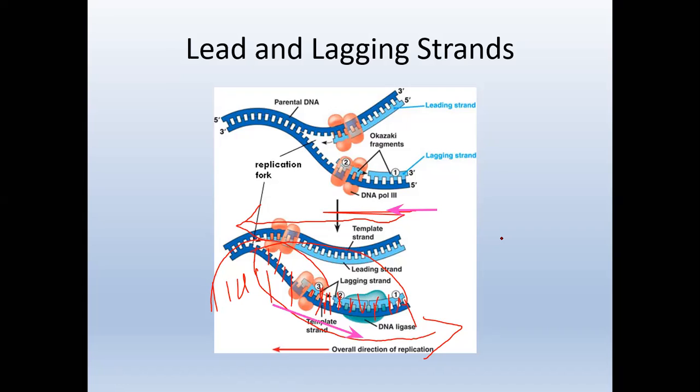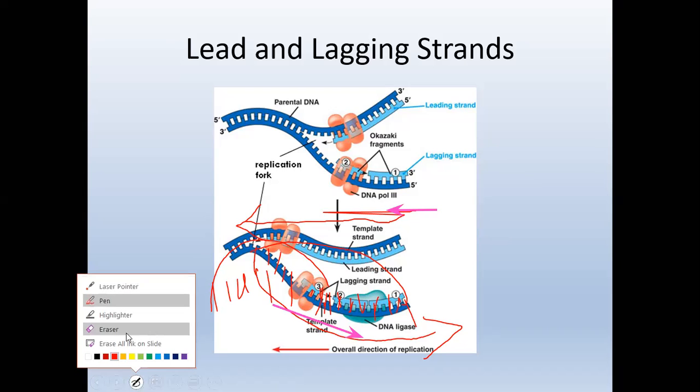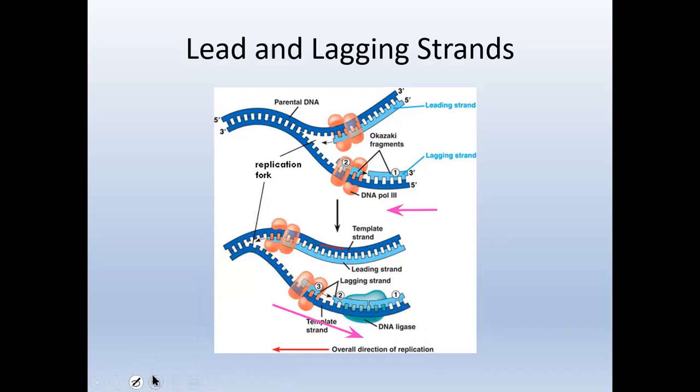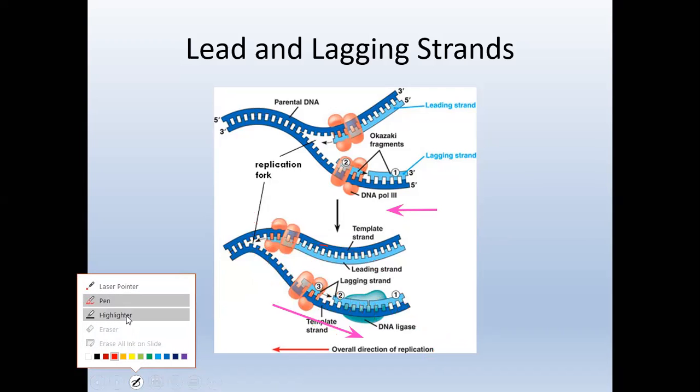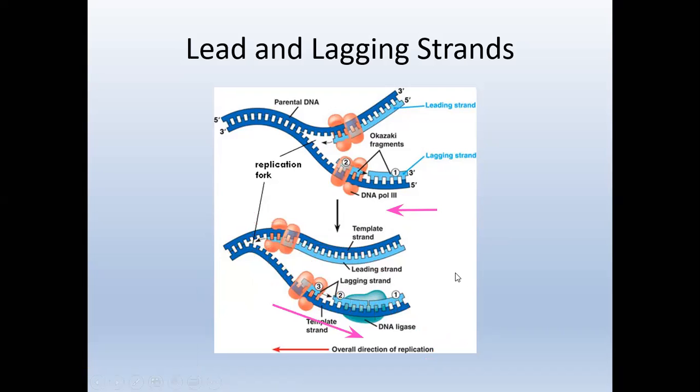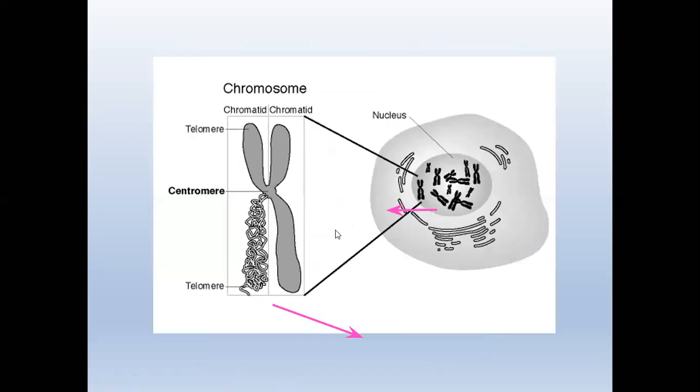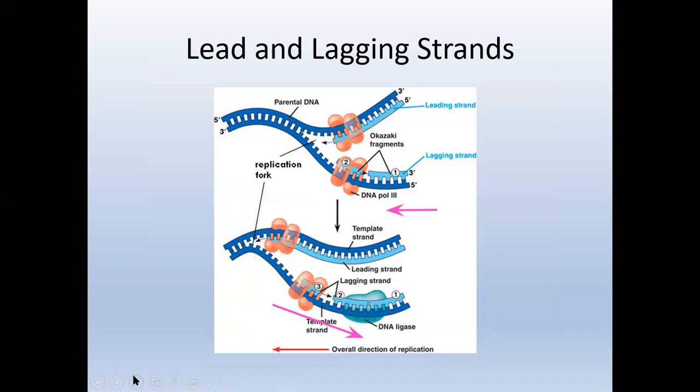Which one's the leading and which one's the lagging one? Isn't the top one always going to be the leading one and the bottom one the lagging one? Well, I hate to say that because that's just the way this picture is showing it. Wouldn't the leading be the one that's going towards the breaking?